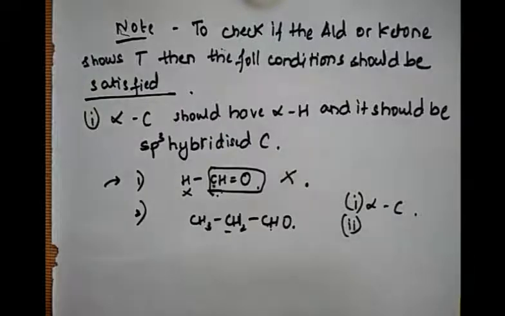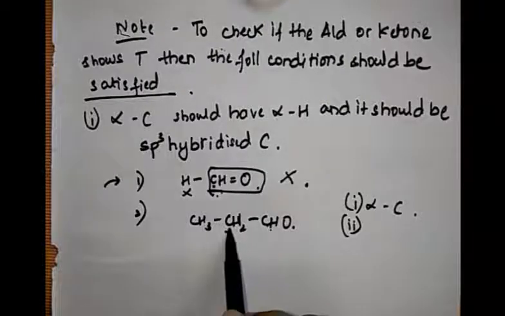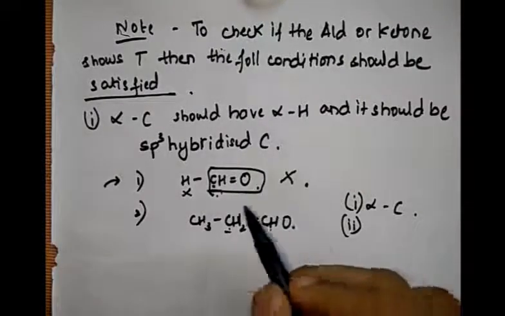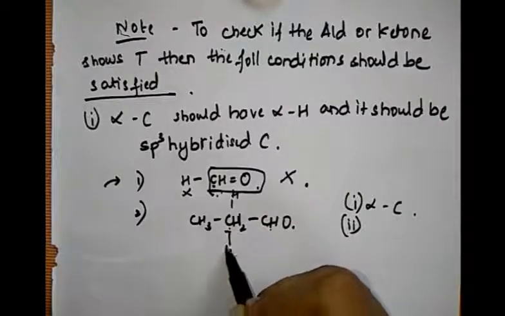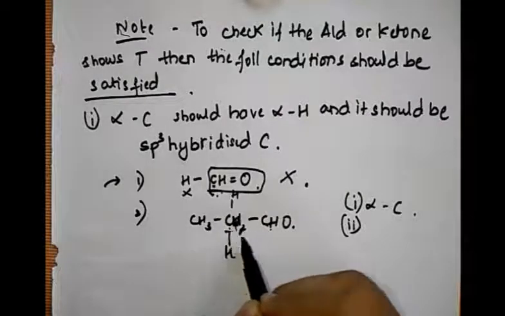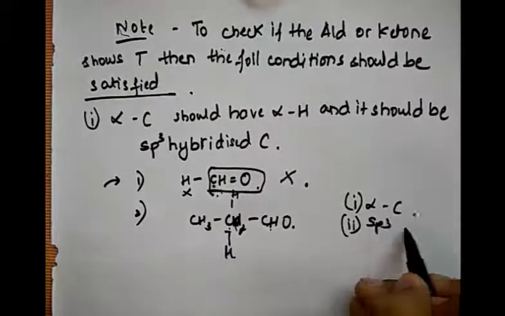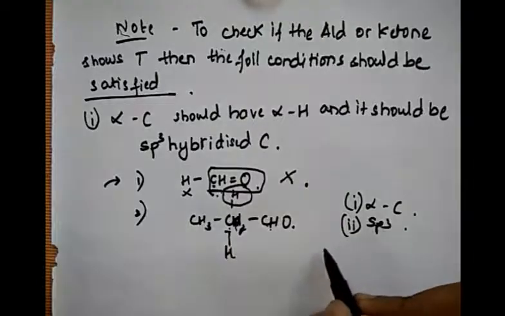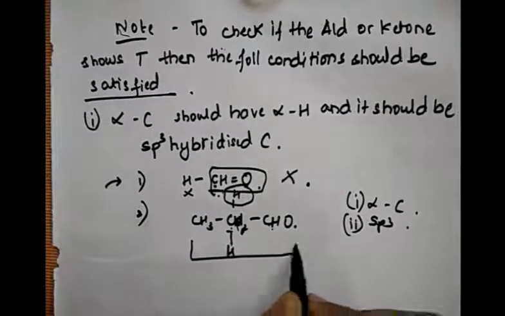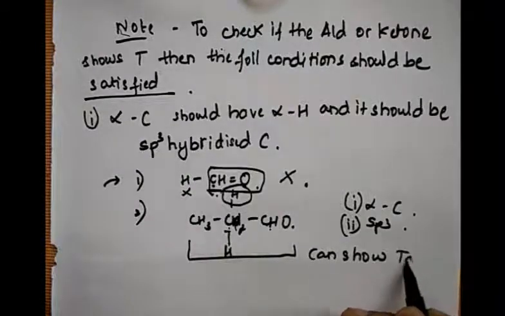In the first video of the basics of organic chemistry, we had mentioned how to easily check whether the carbon is sp3 hybridized or not. By simply looking at this, it has all the 4 sigma bonds, so it is simply sp3 carbon, and it has alpha hydrogen. So this particular aldehyde can show tautomerism.